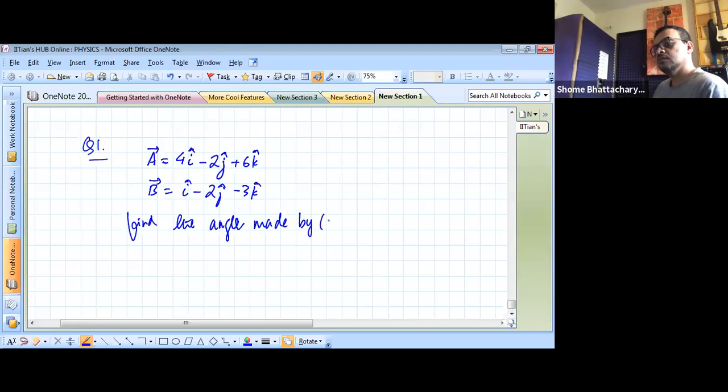Now the question is asking you to find the angle made by A plus B with respect to the x-axis. So we'll first find the resultant.